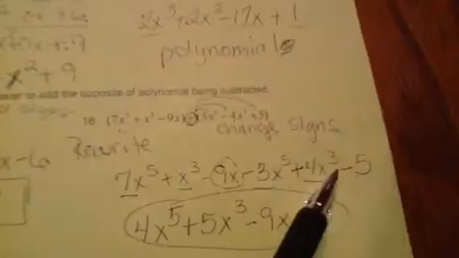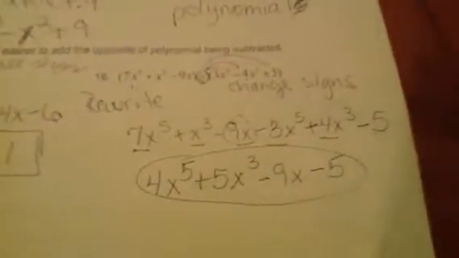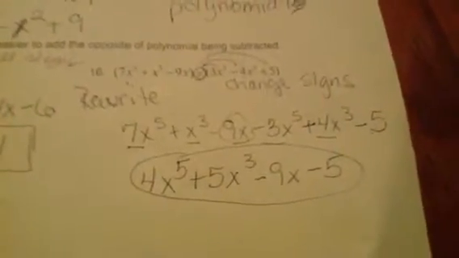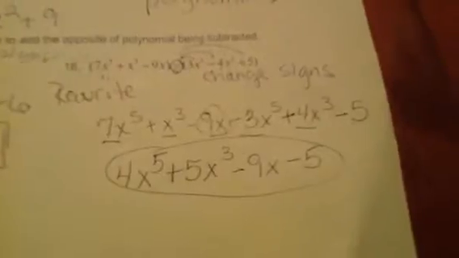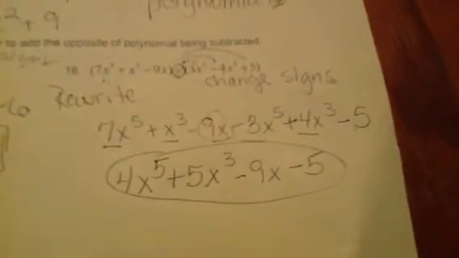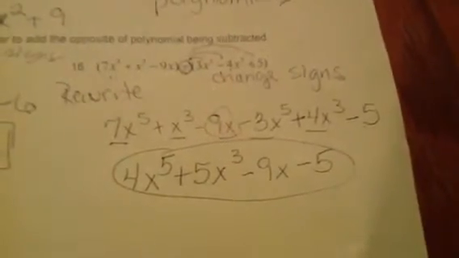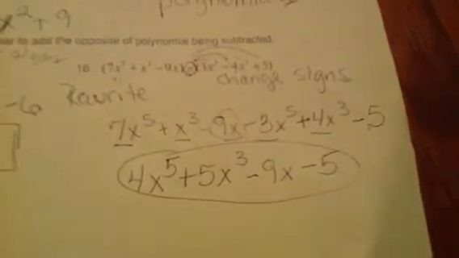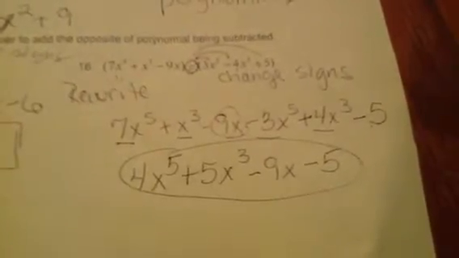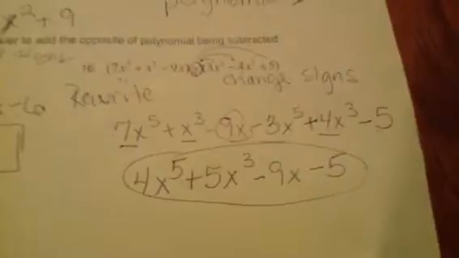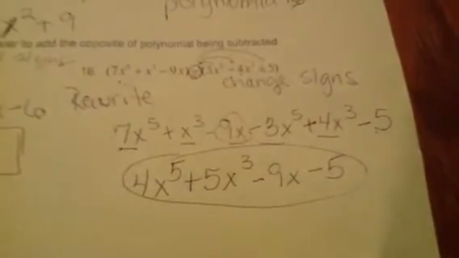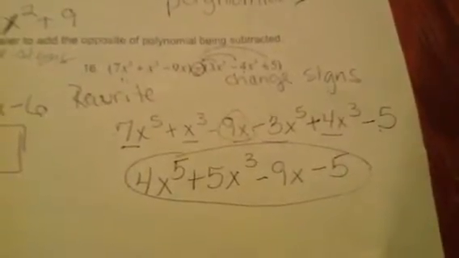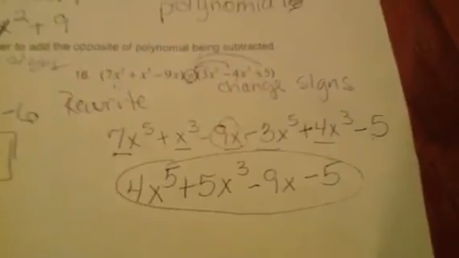Negative times positive is negative. Combine your like terms. 4x to the 5th plus 5x to the 3rd minus 9x minus 5. So here, changing our signs is going to be the most important part of adding and subtracting polynomials, just as it's been with combining like terms all along.